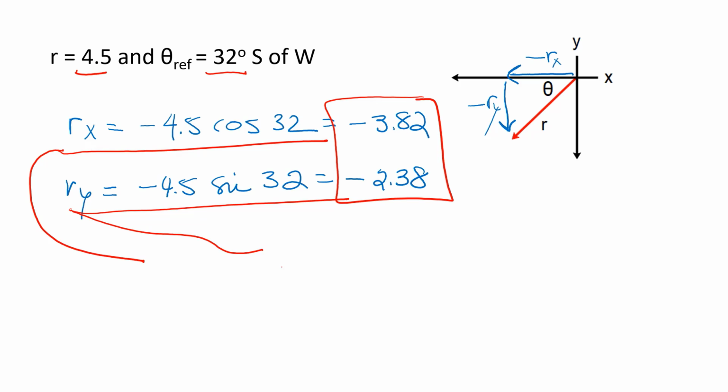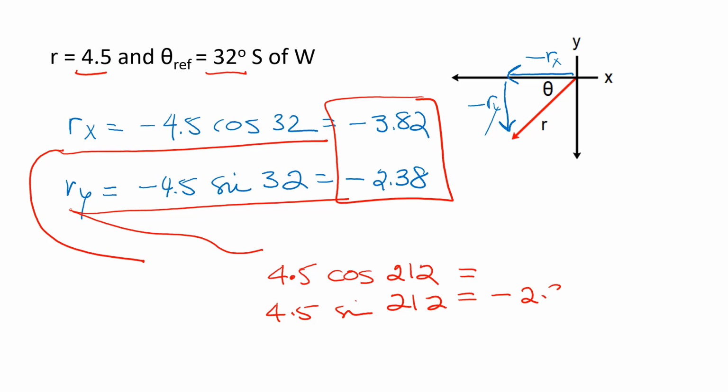I could have disregarded the sign, not worried about writing it in, and done cosine 212. So 4.5 cosine 212, 4.5 sine 212, and your signs come out automatically because the calculator knows what quadrant you're in. It can't know for 32; it assumes first quadrant, and in the first quadrant, cosine and sine and tangent, everybody's positive.